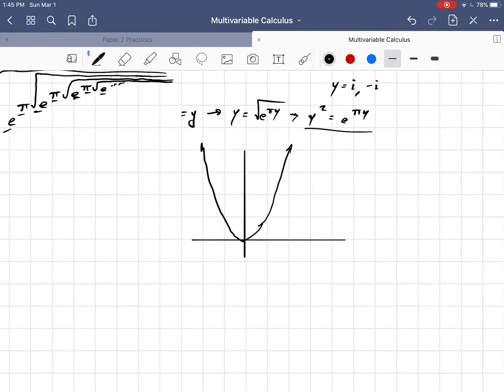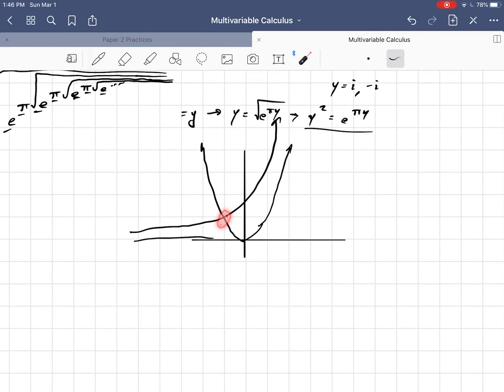And then e to the pi y is low here, and then it goes up, and it actually doesn't intersect there. It goes up, and it won't ever cross at this particular point here, but it does.